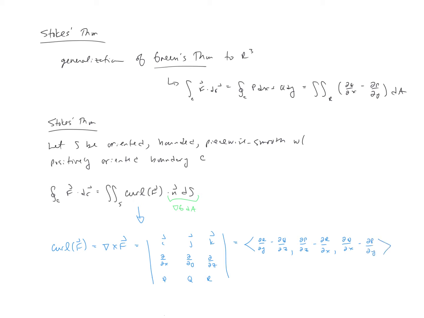And so when we talk about curl dot gradient g dA, it's going to be curl, this guy right here, dotted with the gradient of g dA to truly get that counterclockwise circulation that we mentioned back in Green's theorem.